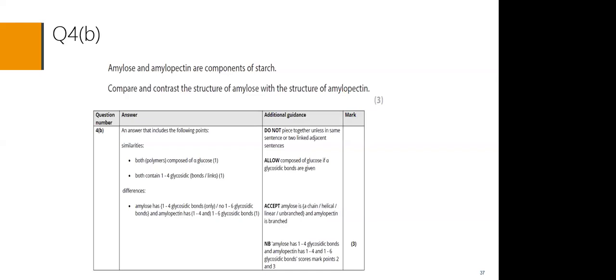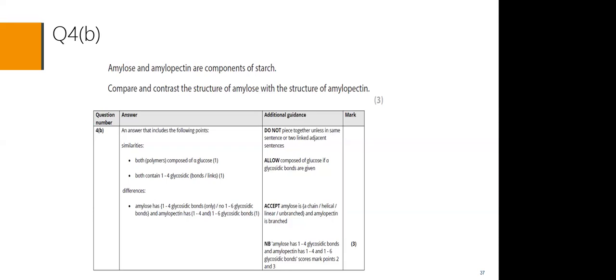It's alpha glucose that is required. Bonds or links are alternatives for the second marking point. If the alpha is applied to the glycosidic bonds, then the first marking point can be given, even if they only refer to glucose. It's quite a bit of additional guidance there.